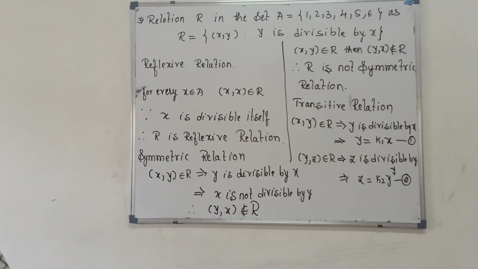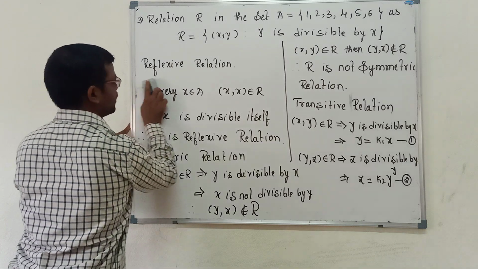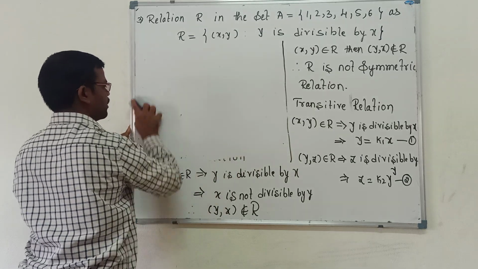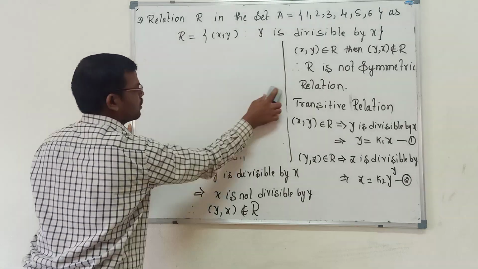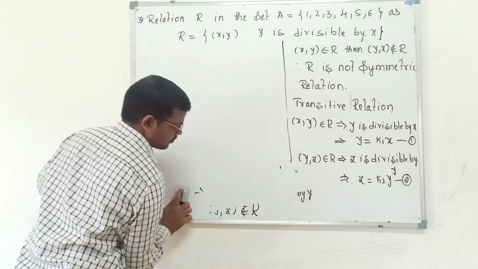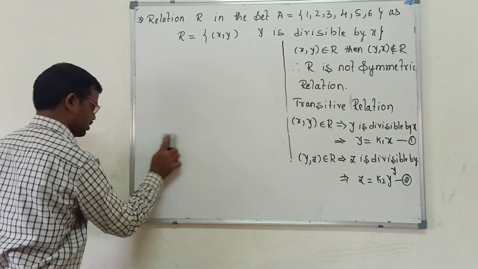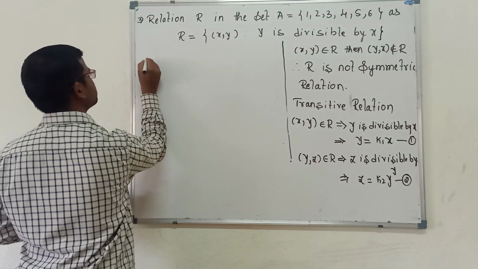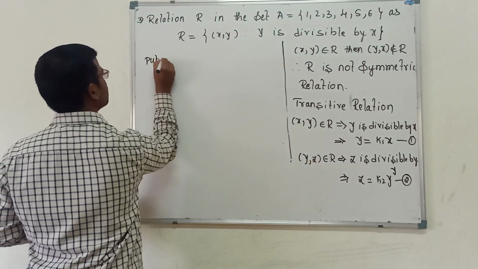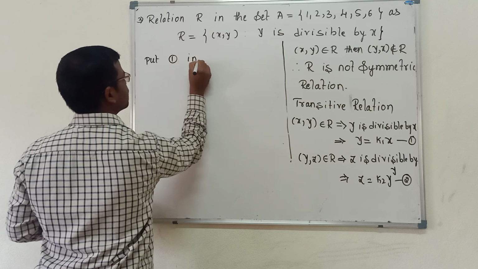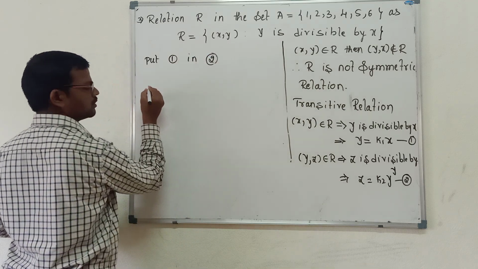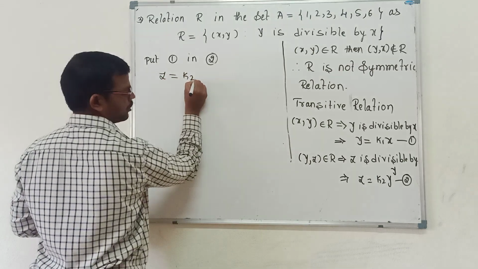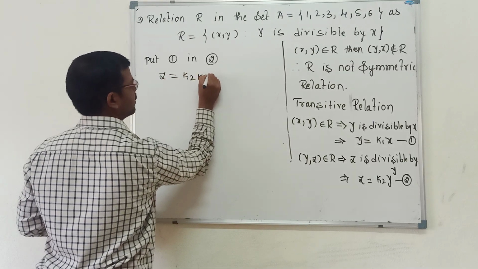So let me move on using 1 and 2. We'll arrive at a pair, and we'll search whether we get that pair or not. Put 1 in 2, then what happens? z = k2 y = k2 k1 x.